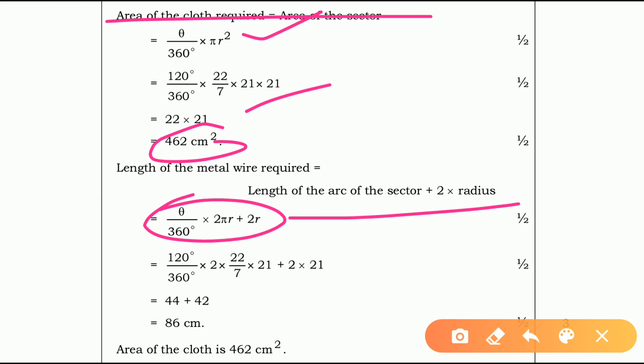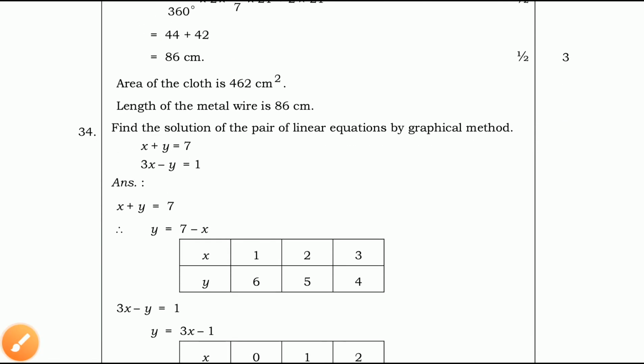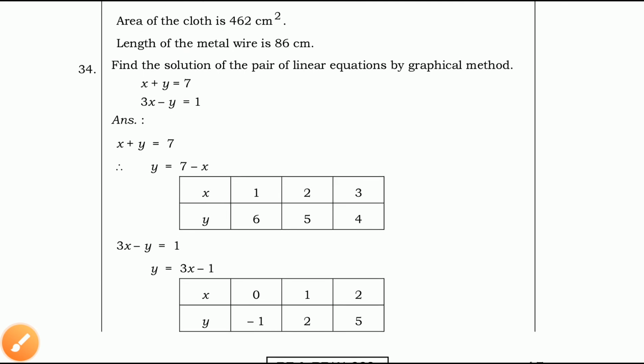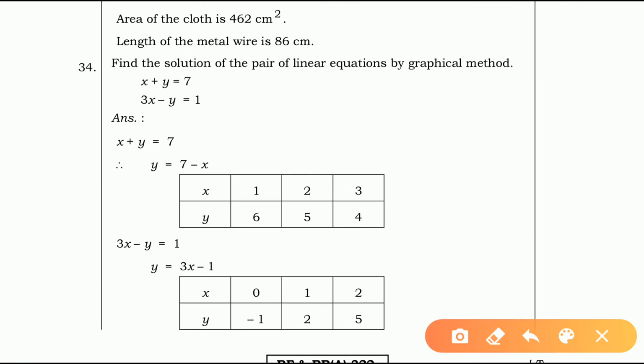Putting the values and simplifying, we get 86 centimeter. Therefore the area of the cloth is 462 cm square, and the length of the metal wire is 86 centimeter.